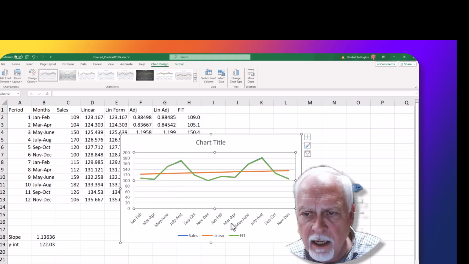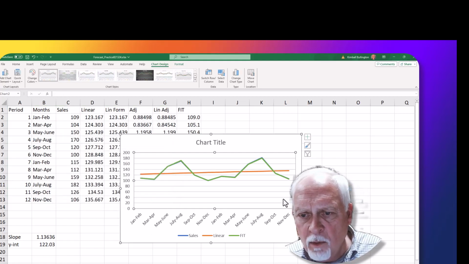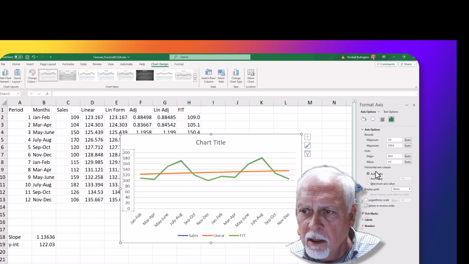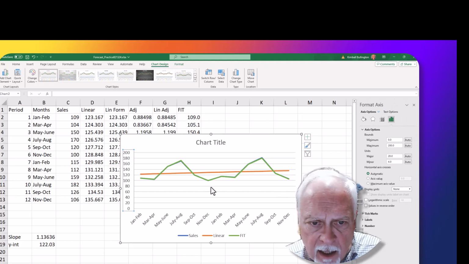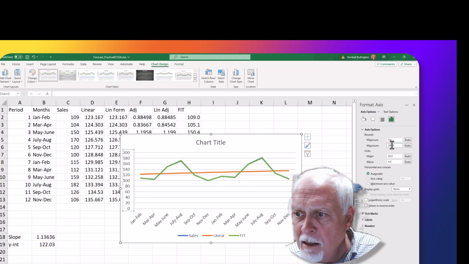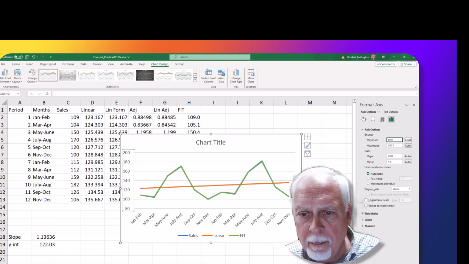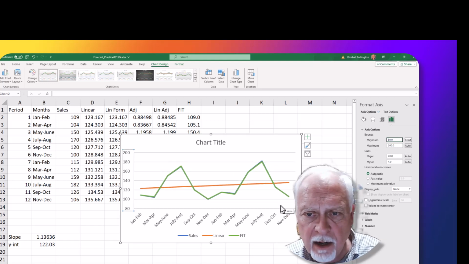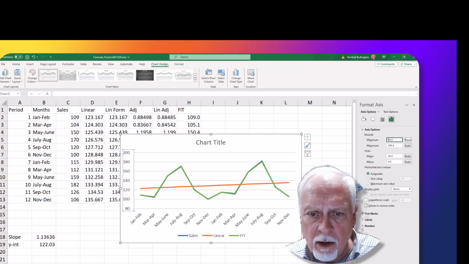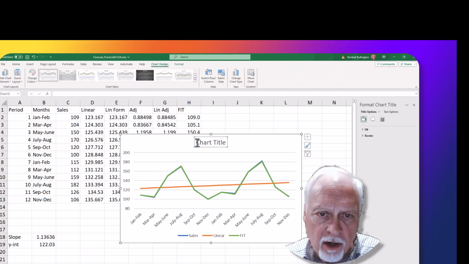So let's call that good. And then we want to click on this axis, right click, format axis, and let's put it at 80 for the minimum. And that expands our scale considerably. Let's put a chart title in real quickly.